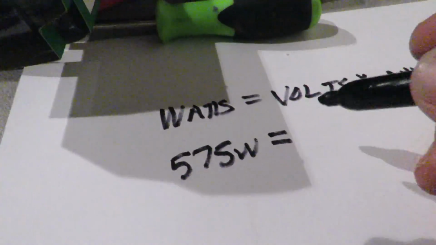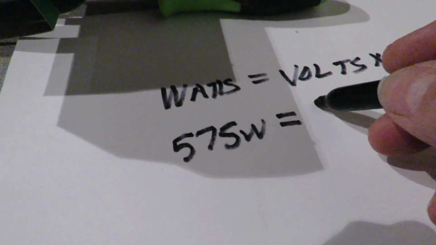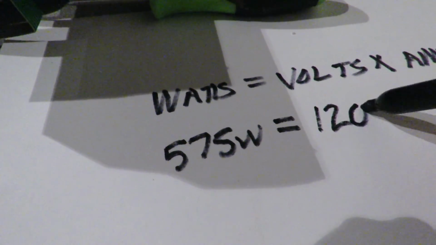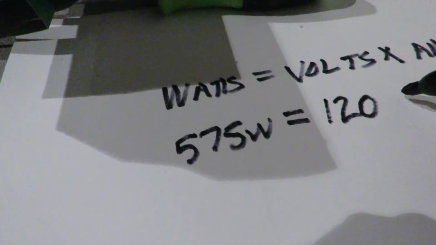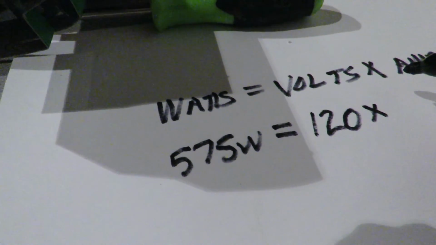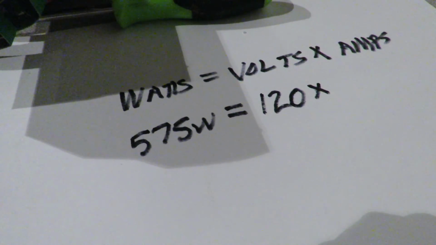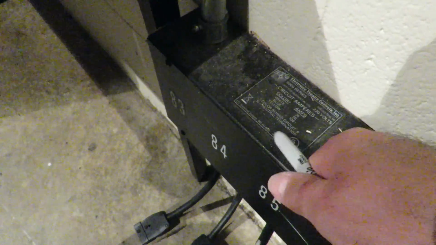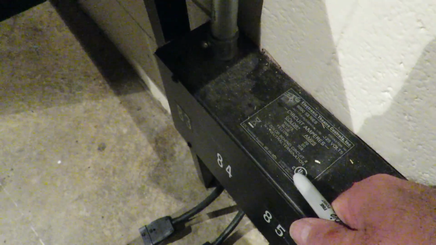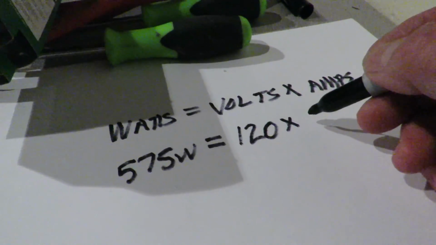So the volts is a given, 120 always, times the amps. Now this is just something that you just always have to know. All of these circuits in a theater are most always 20 amps, always. There's never any variation on that.